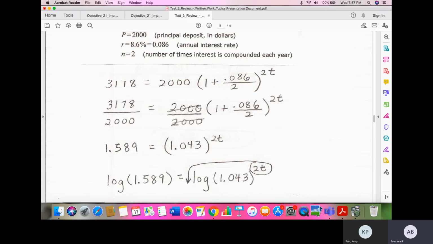So these 2,000s are crossed out. On this side, we get 3178 divided by 2,000. So let's go do that on the calculator. 3178 divided by 2,000. And what do I get?